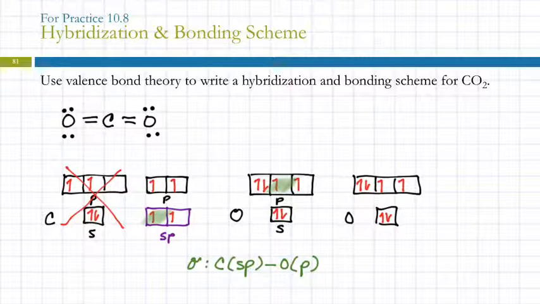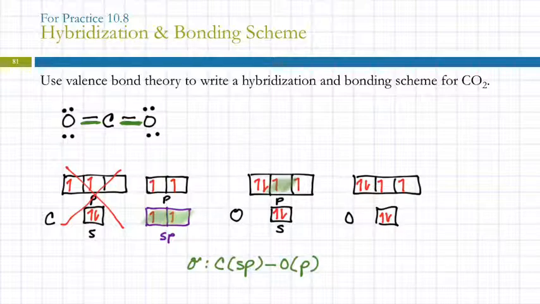Carbon is going to make the same kind of bond with the other oxygen. So what we just described here is one of those bonds. I made that green. I don't know if you can tell that. We described this one. This bond with the other oxygen has the same description.